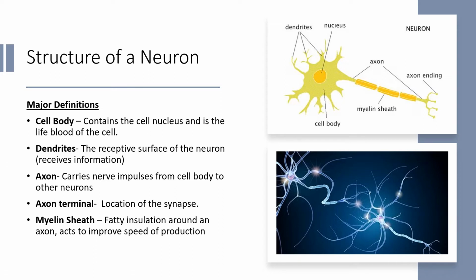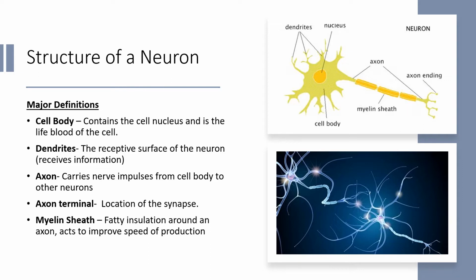The other main structure that you'll see is what's called the myelin sheath. If you look at the image on the right, you'll see that the myelin sheath is surrounding the axon. It's a fatty insulation that surrounds the axon, and it acts to improve the speed of the conduction of the neural impulse.